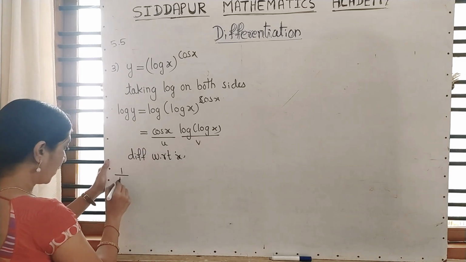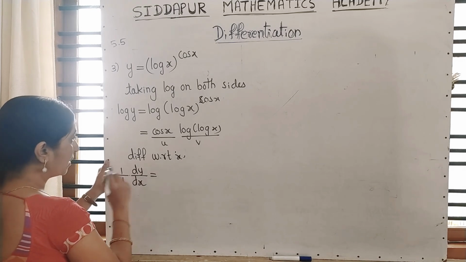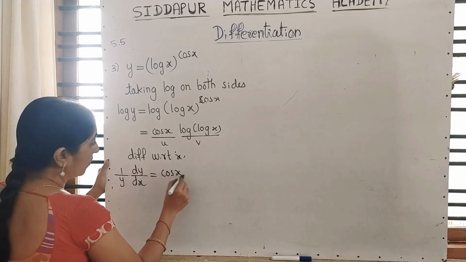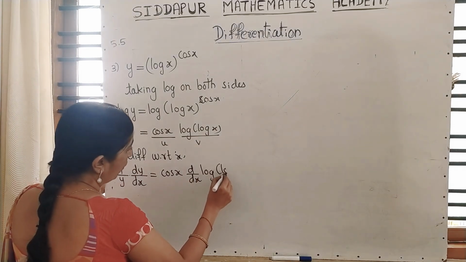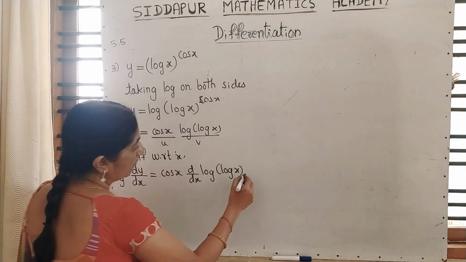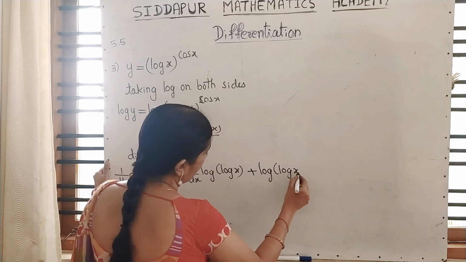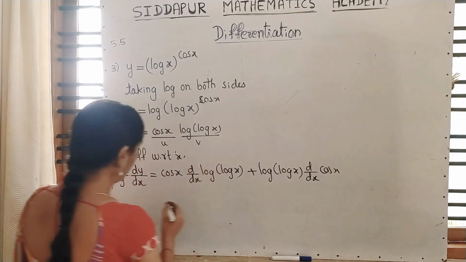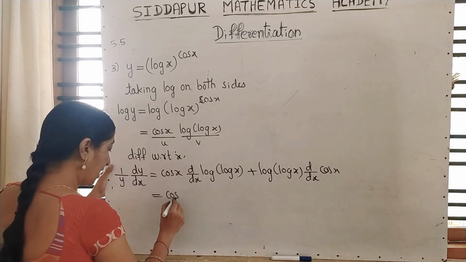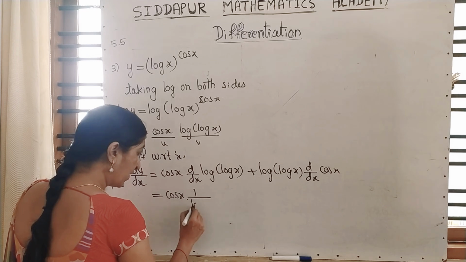Differentiation of log y is 1 by y into dy upon dx is equal to cos x into differentiation of log x plus log of log x into differentiation of cos x. Cos x as it is, differentiation of log x is 1 by log x.